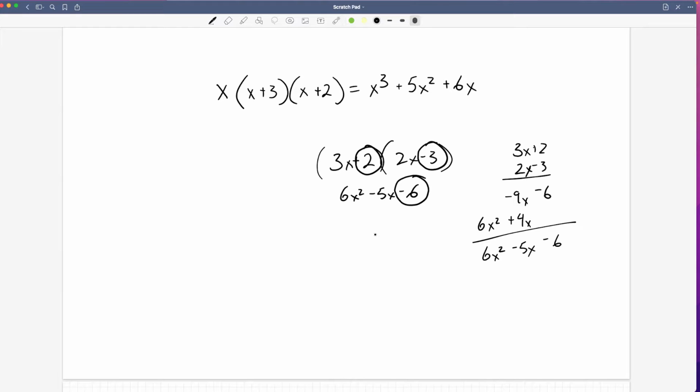But now we have to take into account the multiplication of the coefficients times this number here, right? So we have to account for these. So we have to find what this and this multiply to reach this, and then we have to take into account this times this and this times this in order to get this middle number. So let's take a look at one of those.